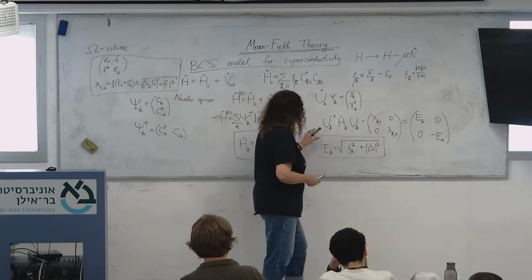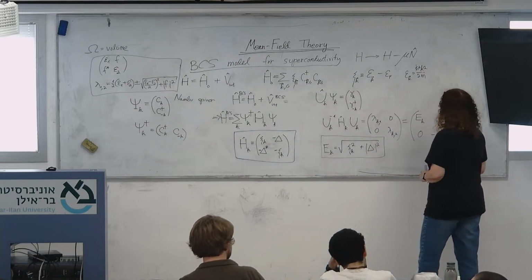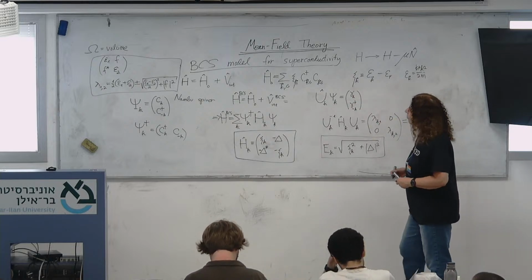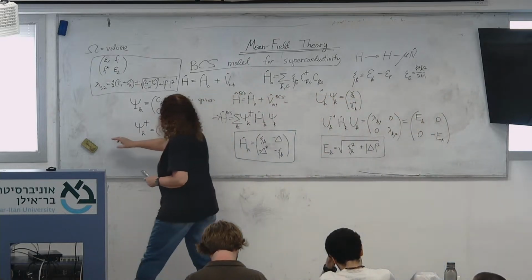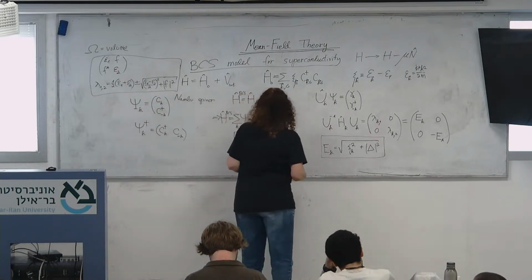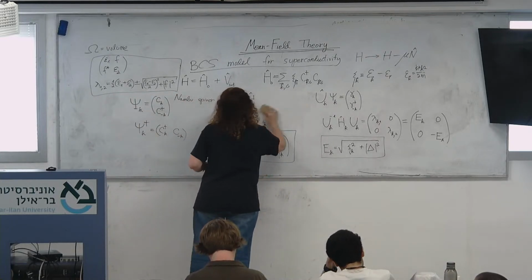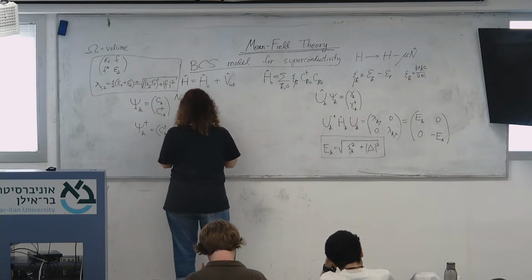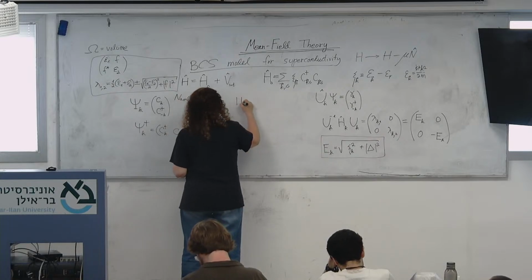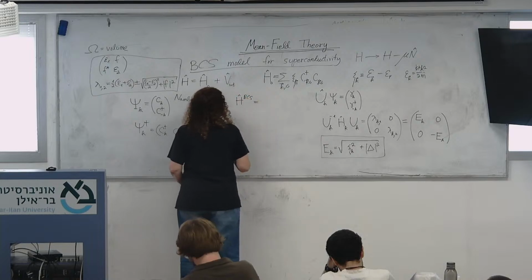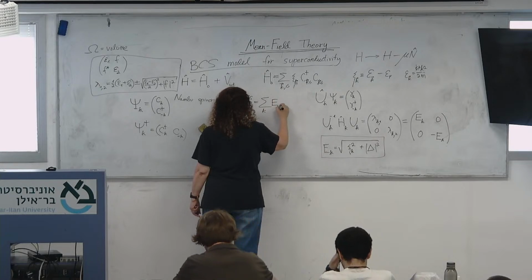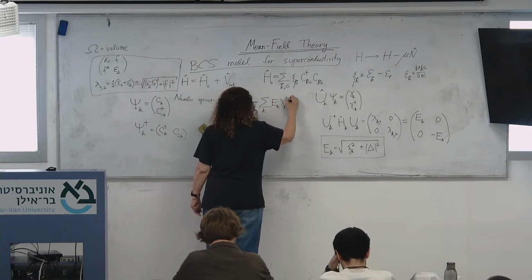In fact, let me write now the diagonal form of the Hamiltonian more compactly in terms of the new operators gamma. So the BCS Hamiltonian will have the form sum over k of E_k gamma_k dagger gamma_k.